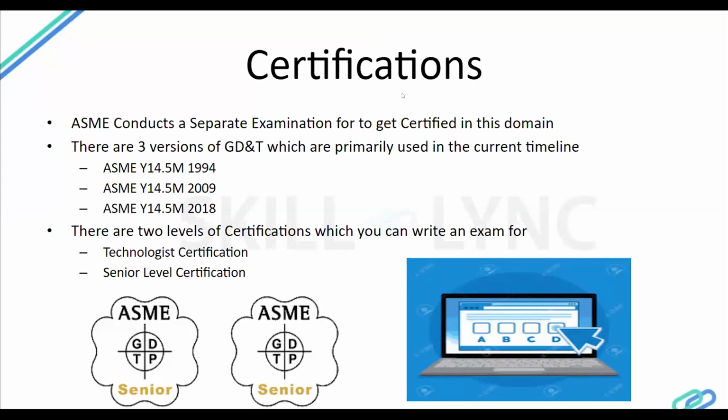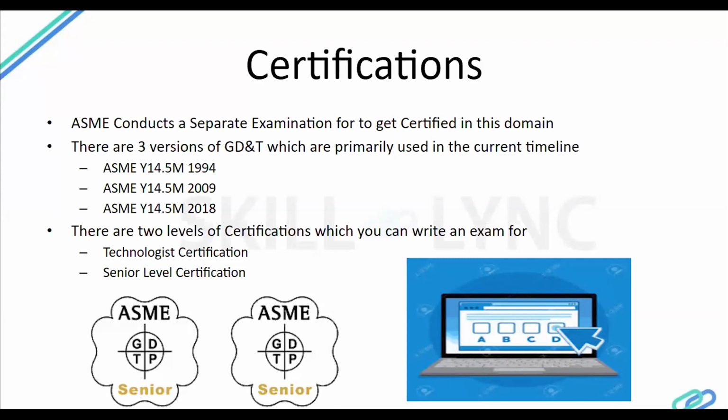They don't teach you. They have the standard books, you have to go through those standards, and you have to take an online examination. So how exactly this works is, I went for the 1994 certification. In the 1994 certification, you would have 5 sections, for example for position tolerance and circular.